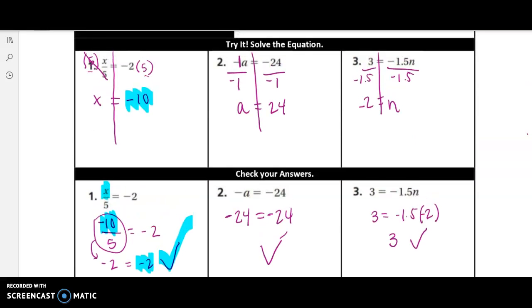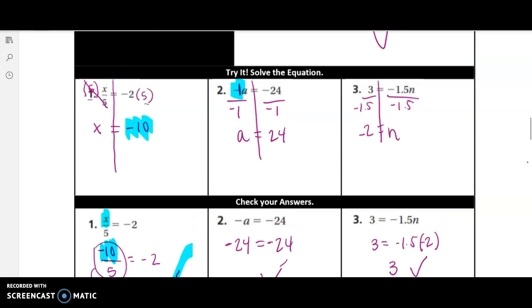For number 2, it doesn't look like anything is happening at the beginning. But remember, we said that there's always a 1 in front of our a. So if we have a negative a, it's the same thing as having a -1. So -1 times a is what's happening. So we're going to do the opposite.